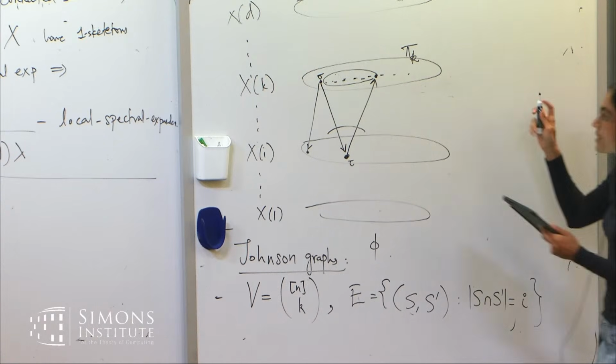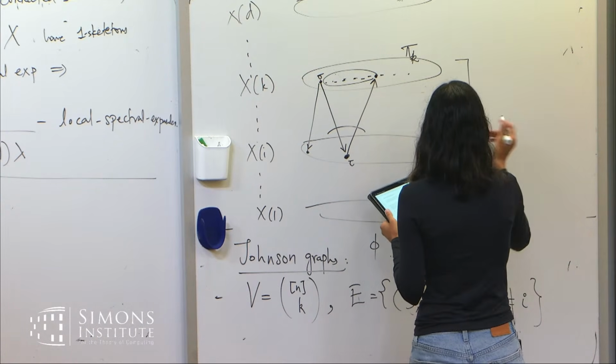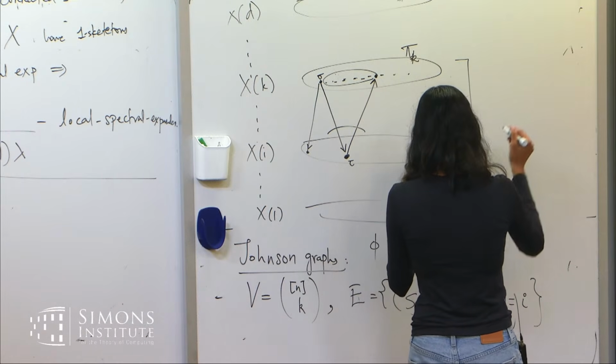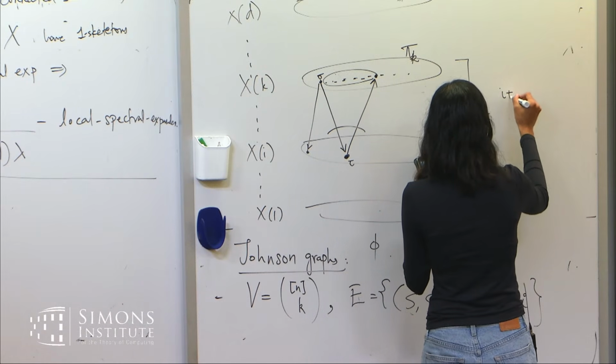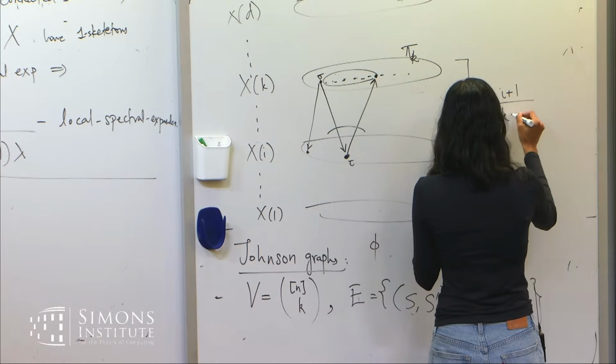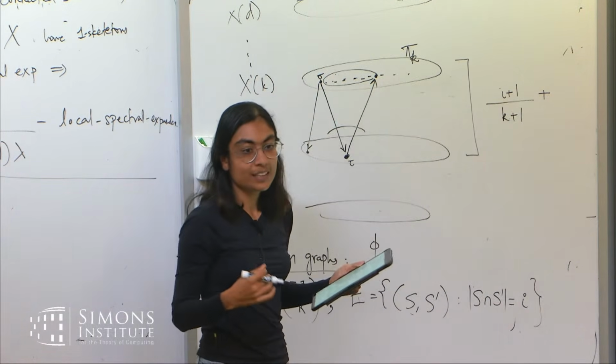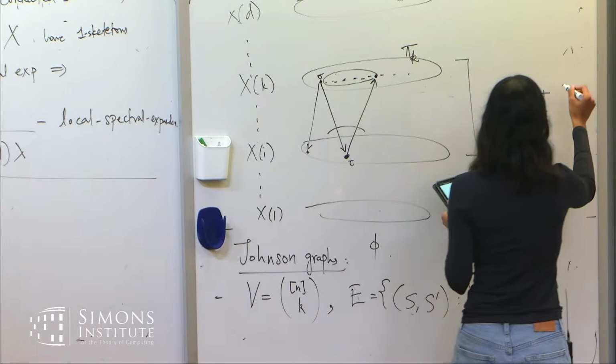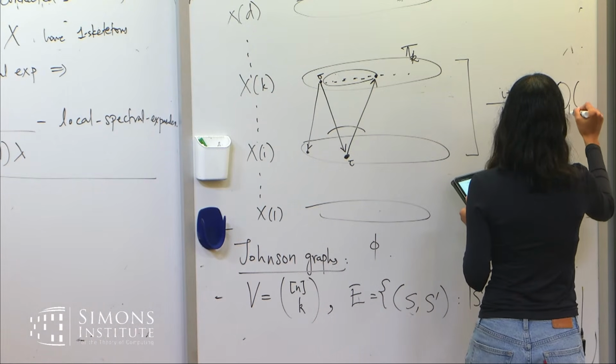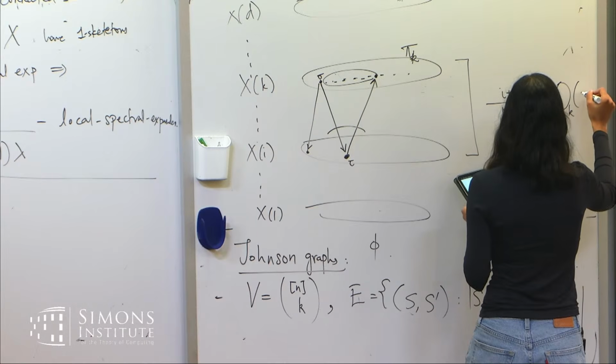And also, I'll just write down what is the eigenvalue of this random walk. It's going to be something like (i plus 1) by (k plus 1). And if X is a lambda spectral expander, there'll be some error term that depends on lambda.